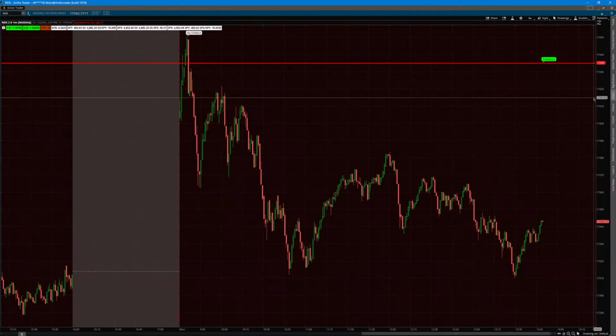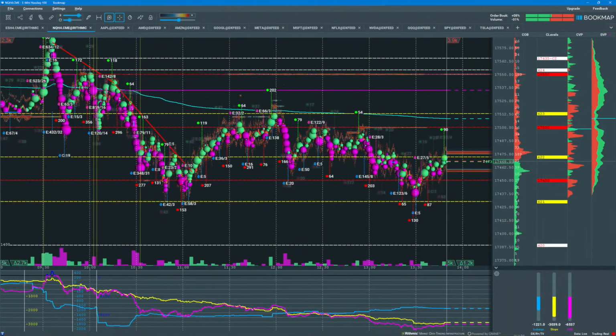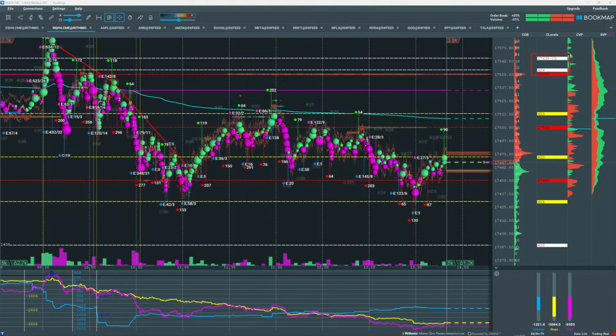So the combo levels for NASDAQ combine NDX and QQQ gamma weighted open interest into one level, in this case converted to an equivalent NDX price. So here's that combo level for NDX and the QQQ call wall just above that.